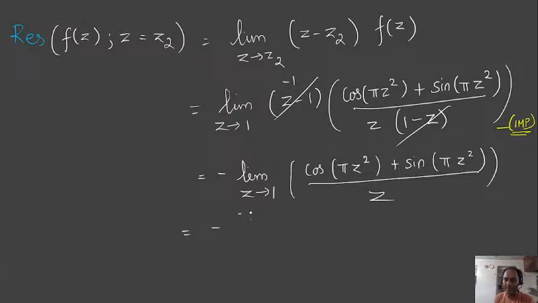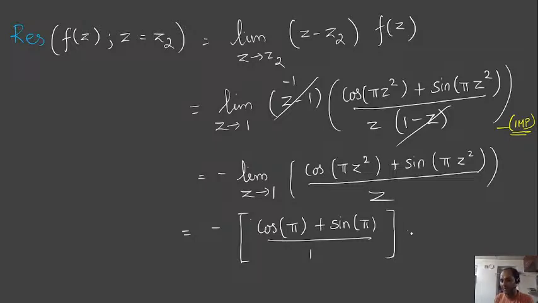So minus sign remains outside, so cos pi plus sin pi over 1. So sin pi value is 0, cos pi value is minus 1. Okay, so here it is, minus sign is already there, so it is minus 1 plus 0 over 1, answer is 1. So residue in this case is also 1.